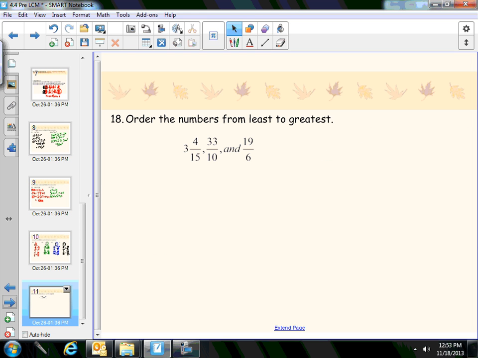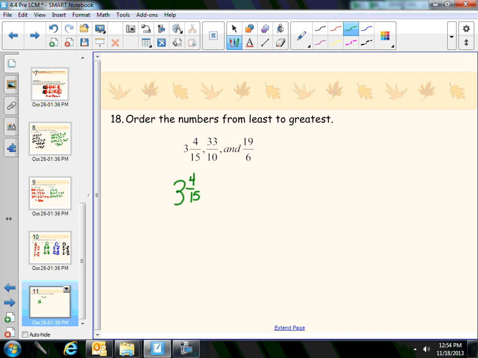Okay, finally, on number 18, we're going to order these numbers from least to greatest. But what I'm noticing is they're in different formats. So I'm going to put them all in mixed numbers. I'm going to keep 3 and 4/15 the same, but I'm going to change 33/10 to a mixed number.